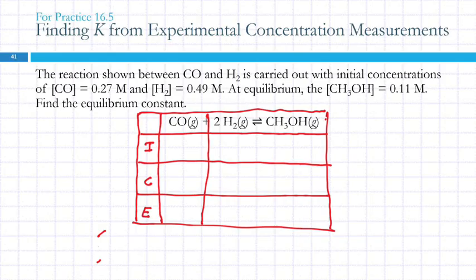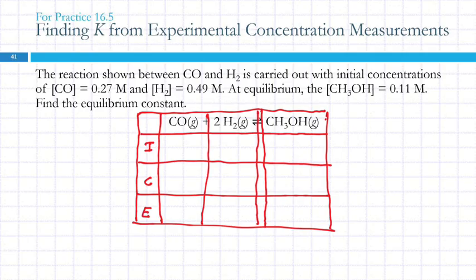This is where the equal sign is. If I make a line like this, I find that I sometimes forget where the arrow is. So what I like to do is put a double line here to help me remember, okay, these guys are on one side, that guy's on the other side. This is not anything in the book or anything, this is just what I do. Okay, there's our ICE table.